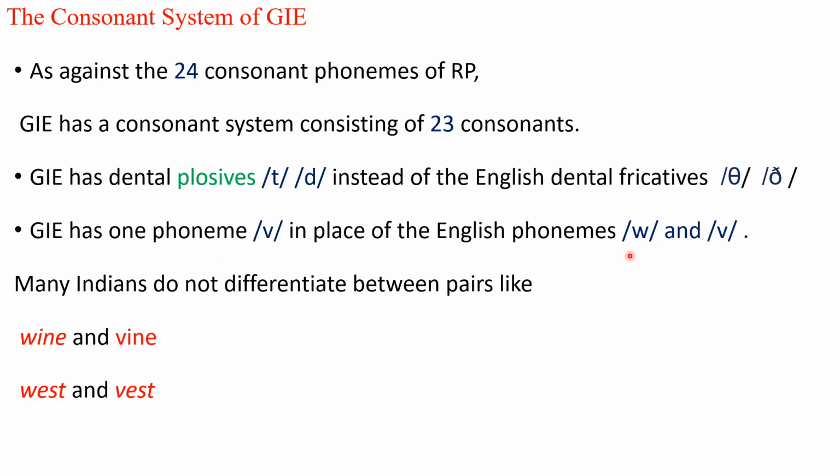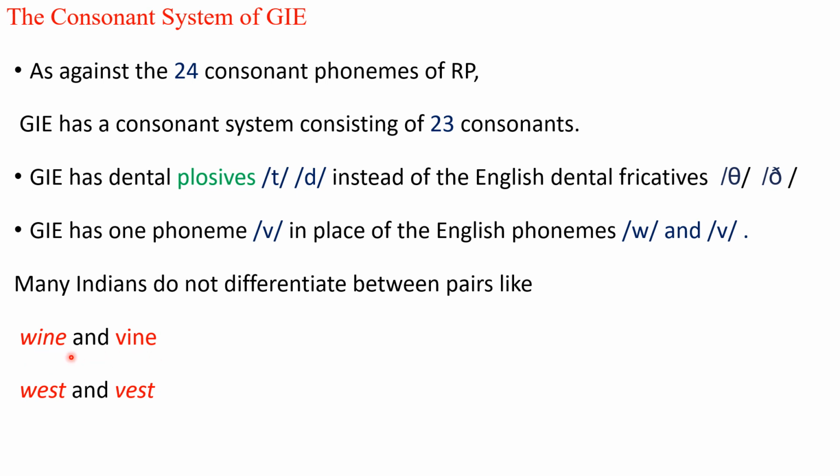For example, when you pronounce a W, water, so lips are rounded. When you pronounce va, this is VINE, for example, your upper teeth touch the lower lip. So that is the difference. But Indians do not differentiate between these pairs.